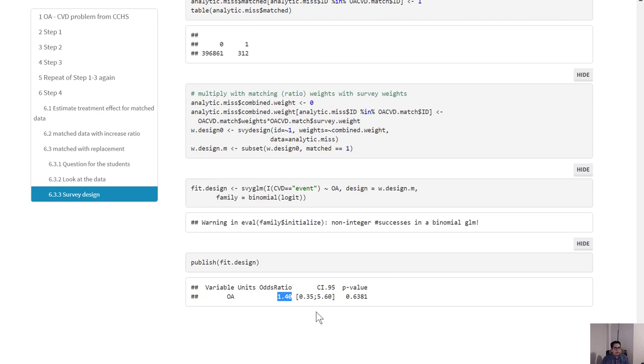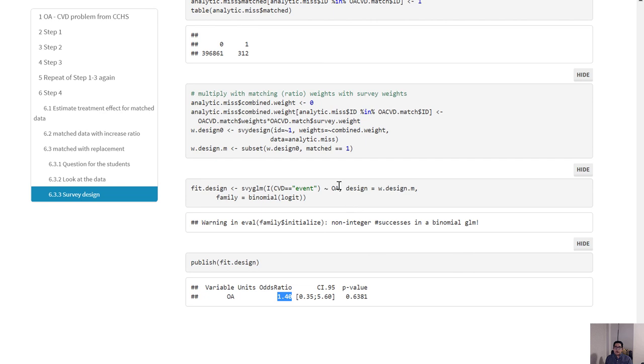One can wonder why our odds ratio is so volatile. Sometimes it is 0.76, sometimes 1.1, and now I have 1.4. That is because of the small sample size that I'm dealing with here. So couple hundred is usually not enough to get a very good estimate of the odds ratio. The other point is that I am not really adjusting for any other covariates here.